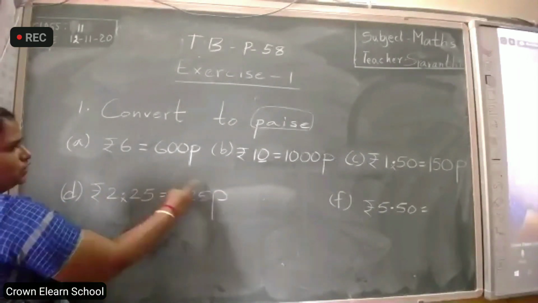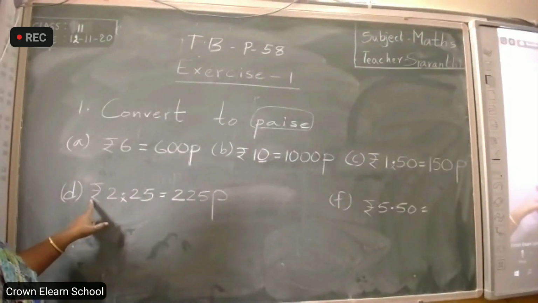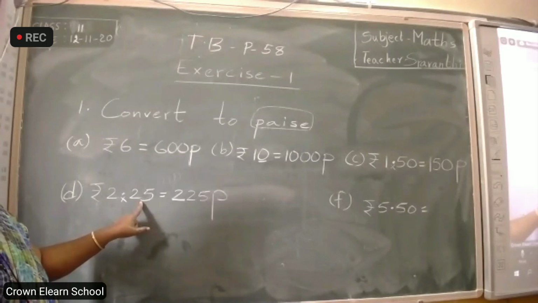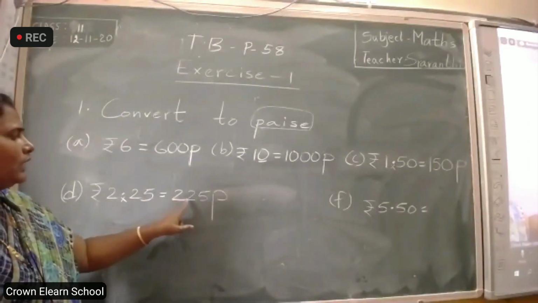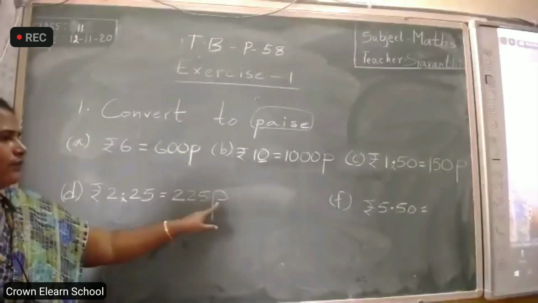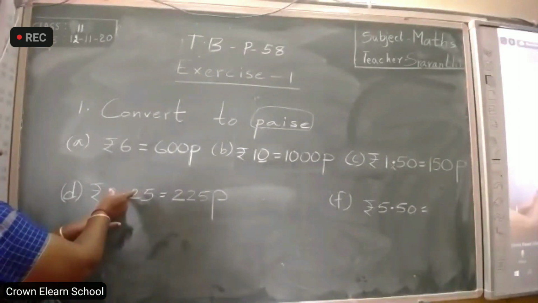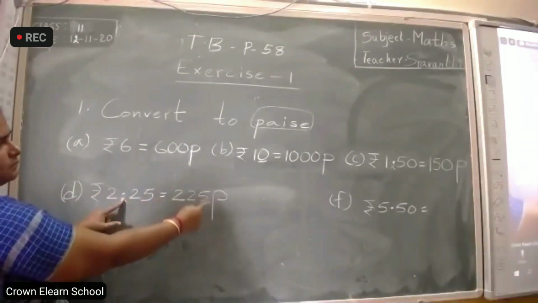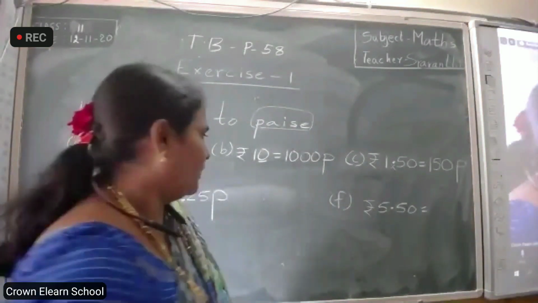So 2 rupees 25 paise, when we convert into paise, we got 225 paise. Remove the dot, join the numbers, change rupee symbol to paise symbol. We have only 3 steps. Okay. Next.